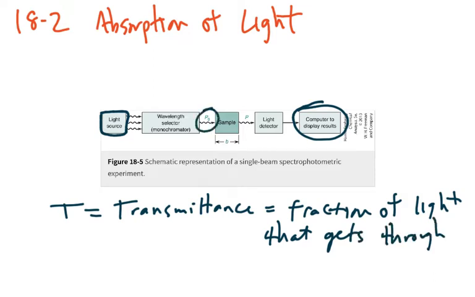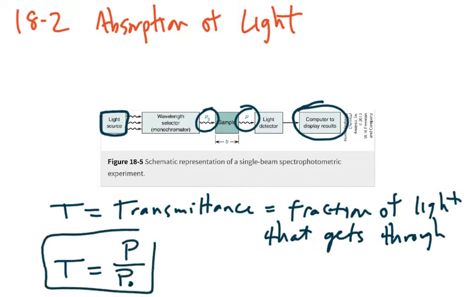we can look at P naught and P, and it's really just a ratio, right? It's going to be P over P naught. And it could be from 0, where none of the light gets through, to 1, where P is equal to P naught, all of the light gets through.